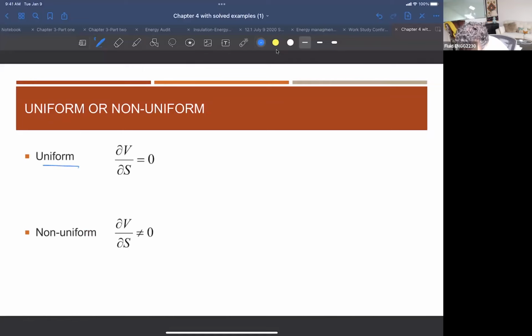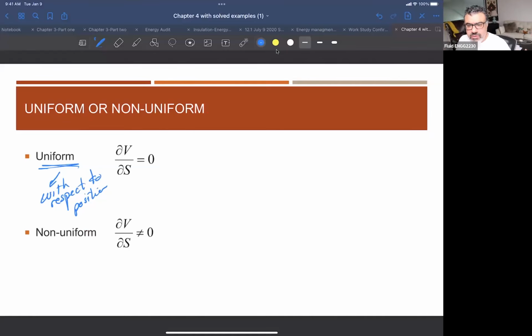Uniform is with respect to position, which means that if I am in an XY plane, I'm looking at every single point at every location. The stuff that is uniform means it's the same, right? So the change with position here, so this is like the position vector, okay?